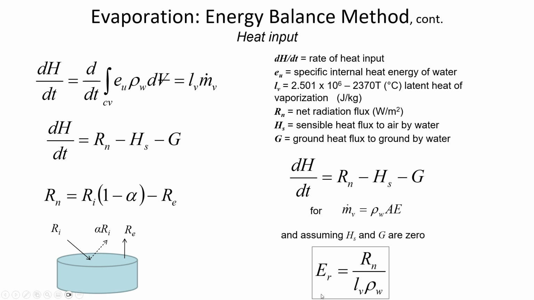So in this formula at the bottom, E sub R is the evaporation rate, which will have units of length per time, and it's based on the net energy provided to the water, the latent heat of vaporization, and the water density. The units all work out that way, so we'll end up with length per time.